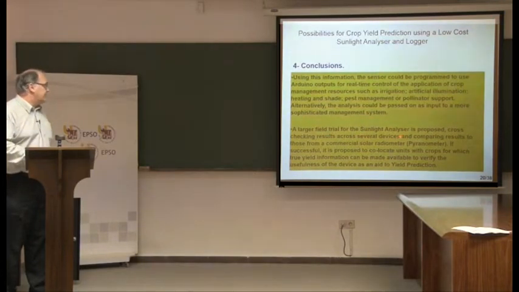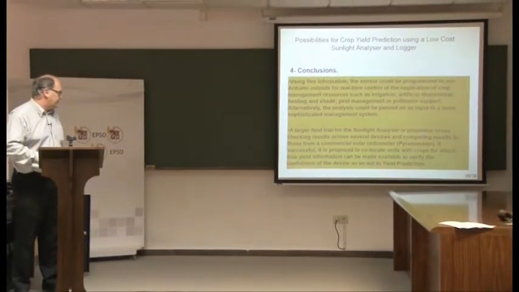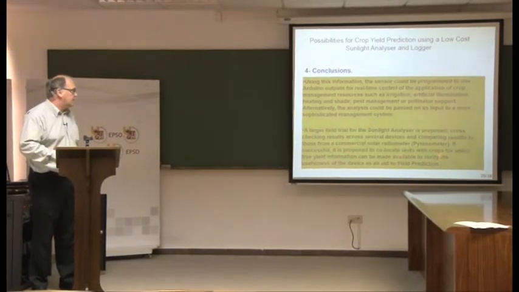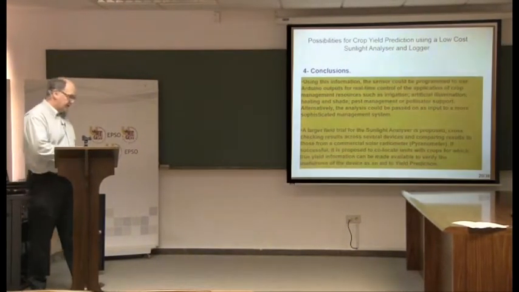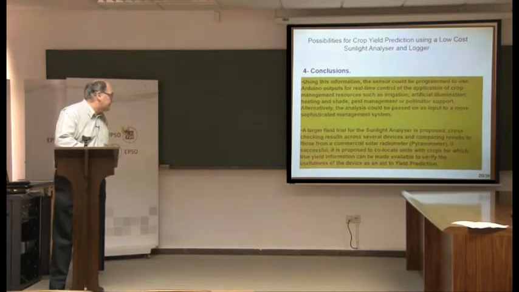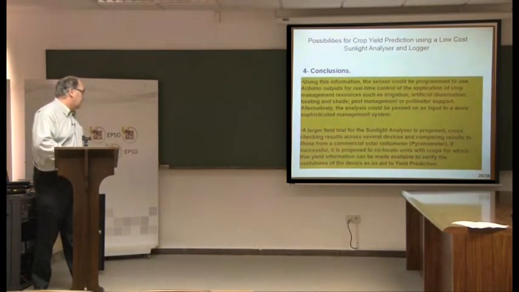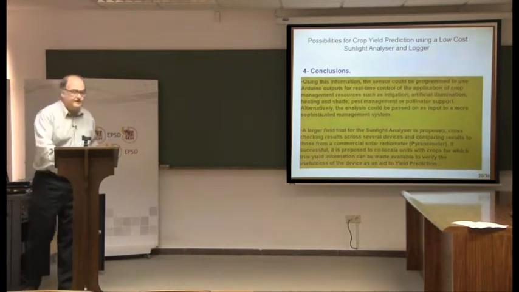A larger field trial for this analyzer is proposed, where we can cross-check the results across several devices and compare the results with a commercial solar radiometer, for example, some sort of pyranometer. And if that's successful, I'd like to co-locate some of these units in an area where they're actually going to do some yield prediction. Obviously that will take a longer time scale, and we can see whether or not this device is in fact useful.